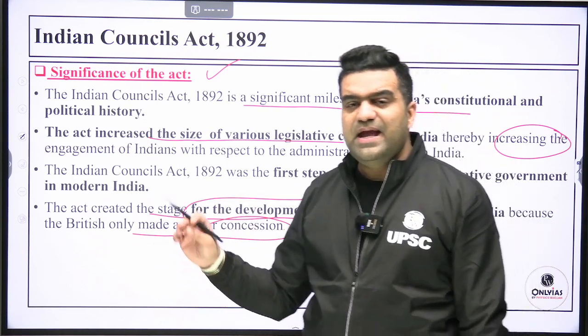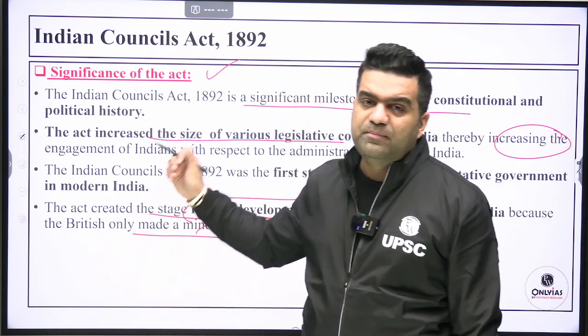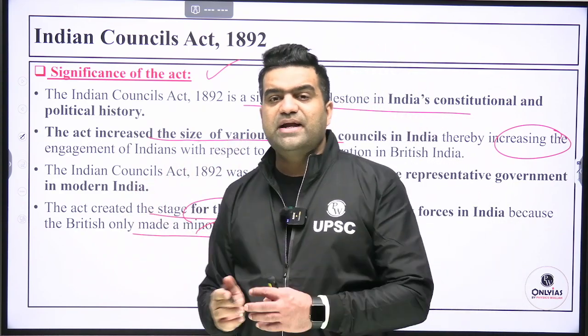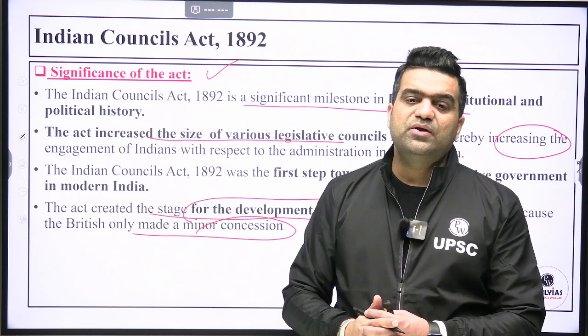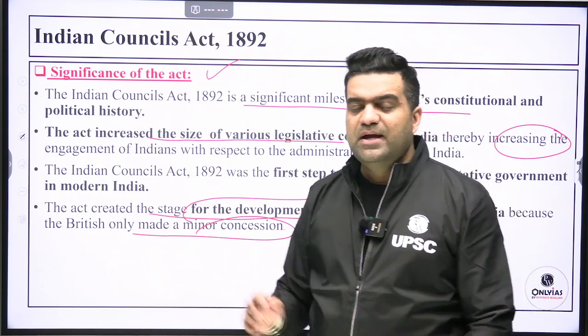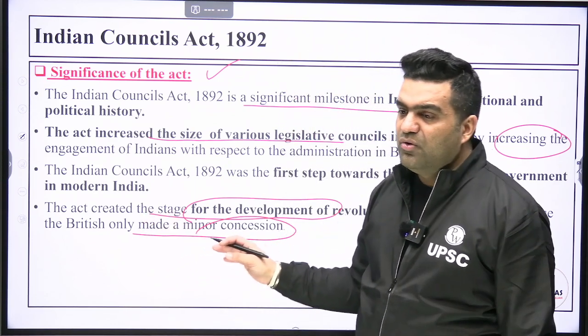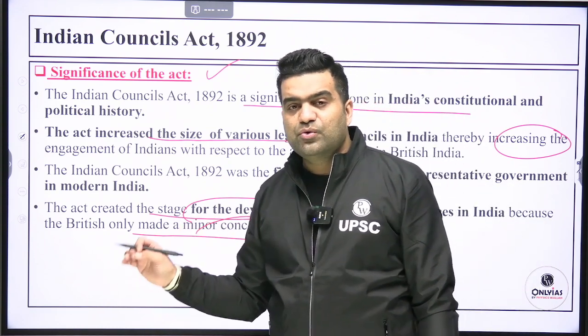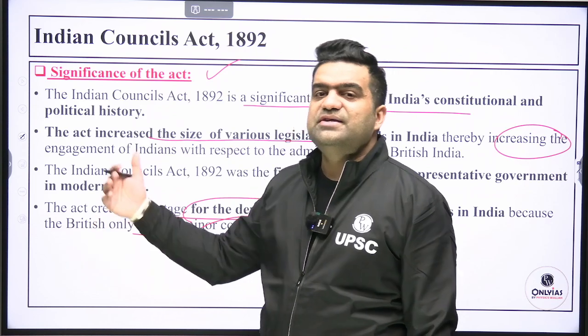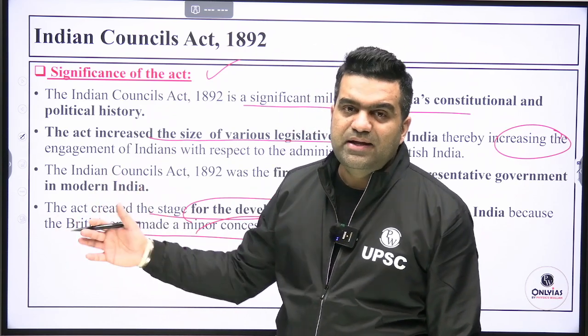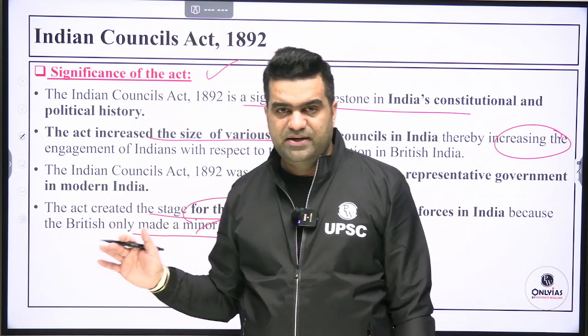Then again, the expectations of Indians were belied by the Act of 1892. All the expectations were not met. So that is why the Act of 1892 is said to have sown the seeds of the next phase of revolution in India's struggle for independence.